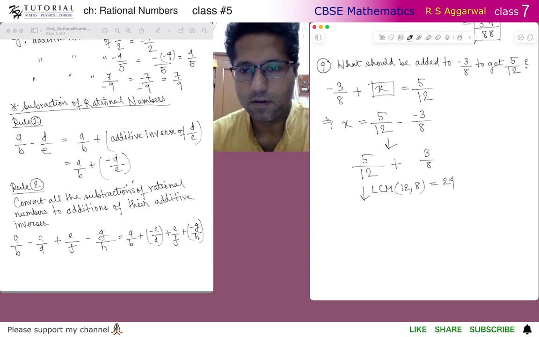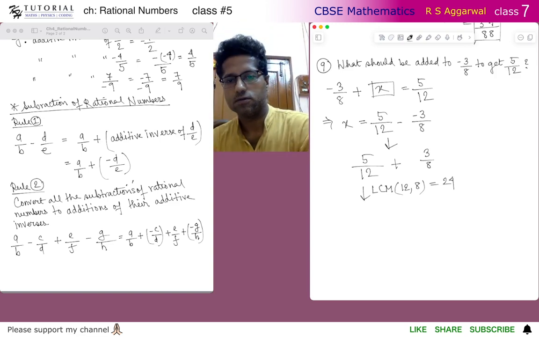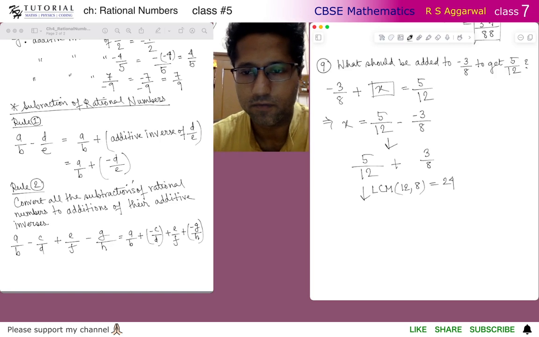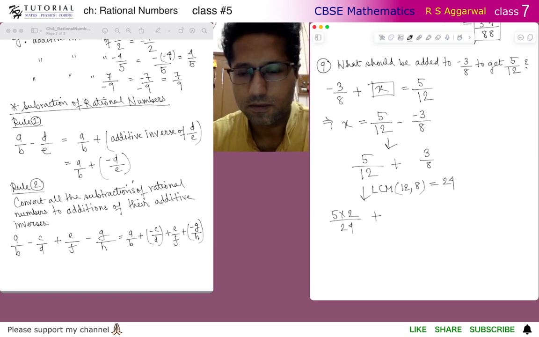So now we have to convert the two rational numbers to their equivalent form so that they both have a common denominator of 24. So this becomes 5 into 2 by 24 plus 3 into 3 by 24.